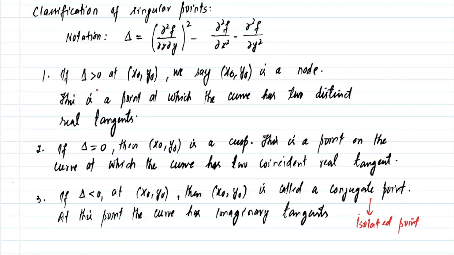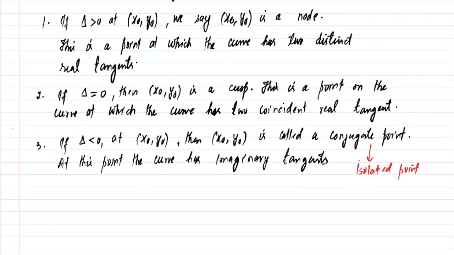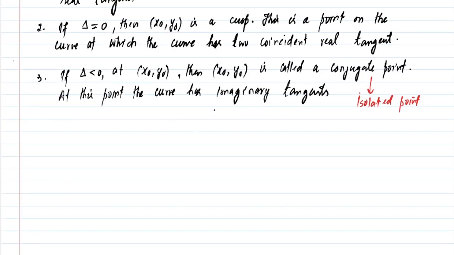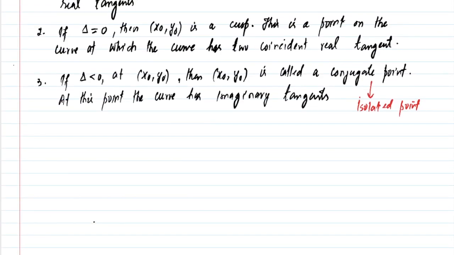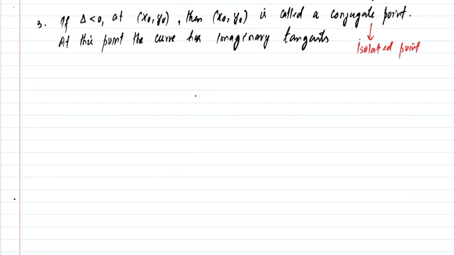If this delta is a positive real number, then we call that particular point a node. If this delta is 0, then we call that singular point a cusp, and if this delta is negative, then we call that particular singular point an isolated point or a conjugate point. Now again, before going into the examples, we shall take some pictures here, and we will try to understand these types using graphs.